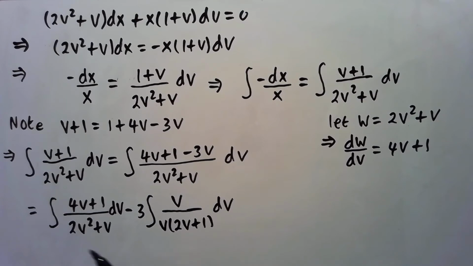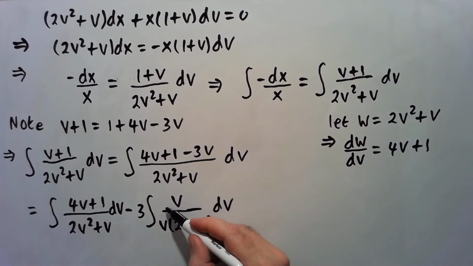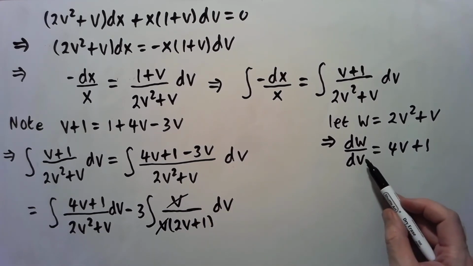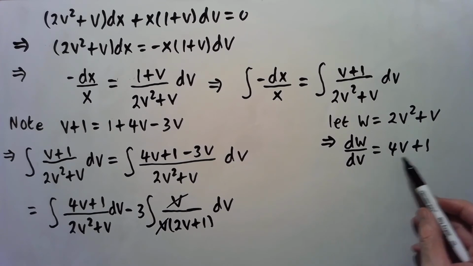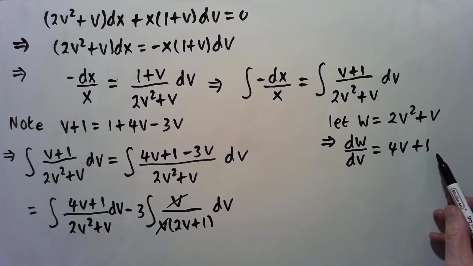So breaking it into two integrals, I'll have the 4v plus 1 over 2v squared plus v, then the minus 3v part. I'm going to pull a minus 3 out of the integral, so it'll be v over 2v squared plus v. I pulled a v out, so these v's will cross off here. And over here, the 4v plus 1 dv would be my dw.